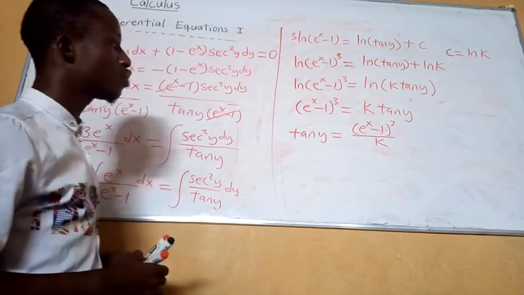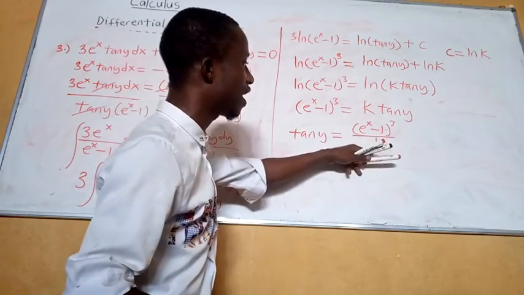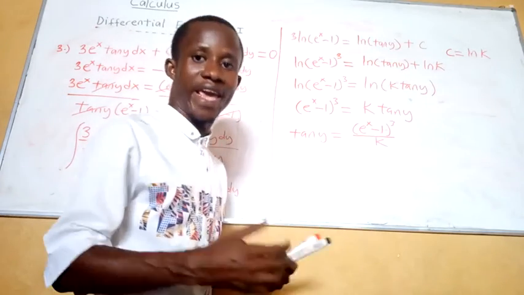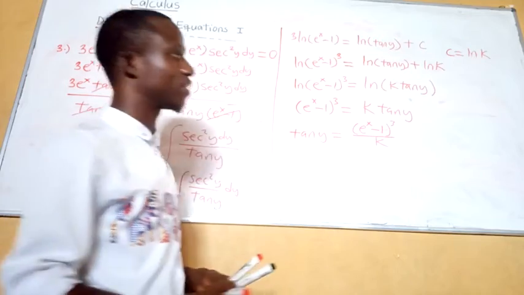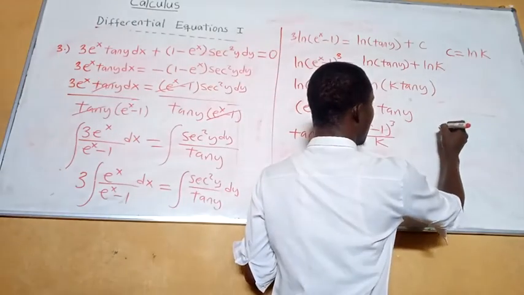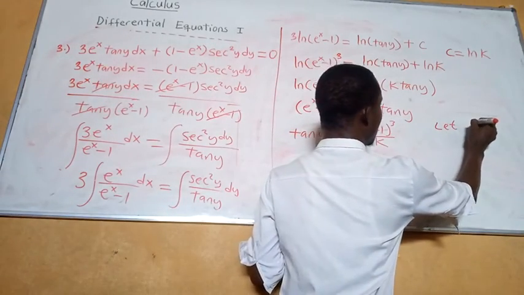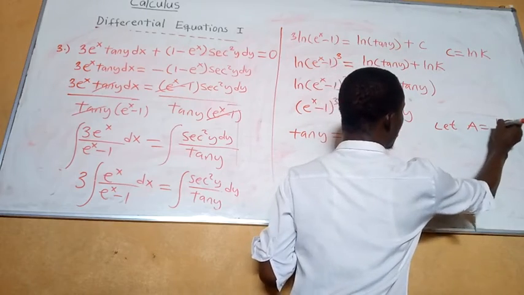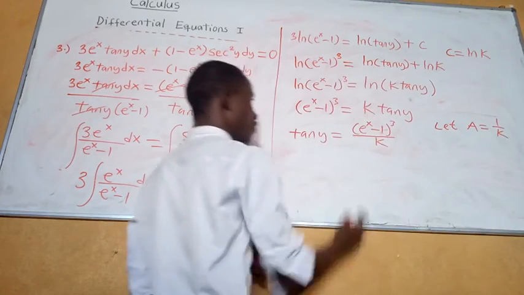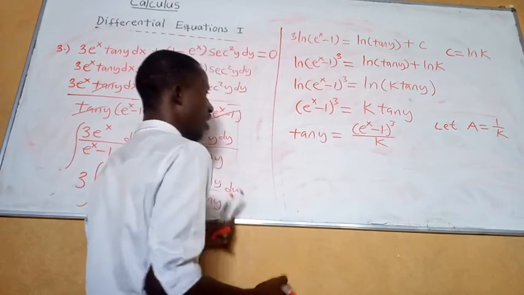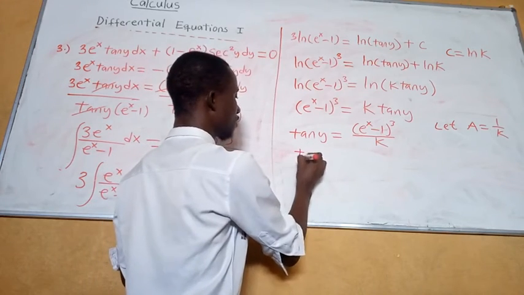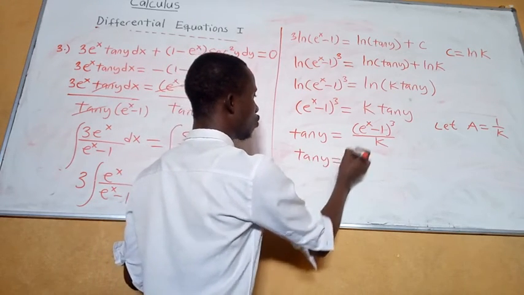But here we can also set 1 over k to be equal to a, because 1 over k is also a constant. So let a be equal to 1 over k.